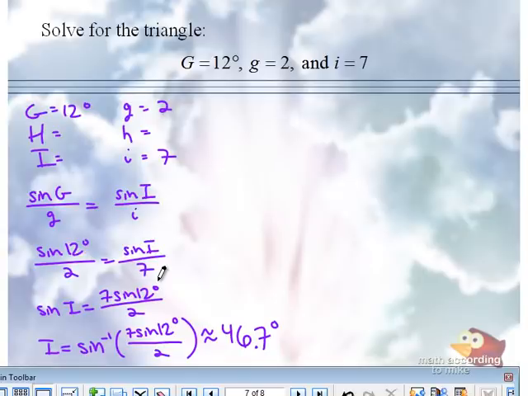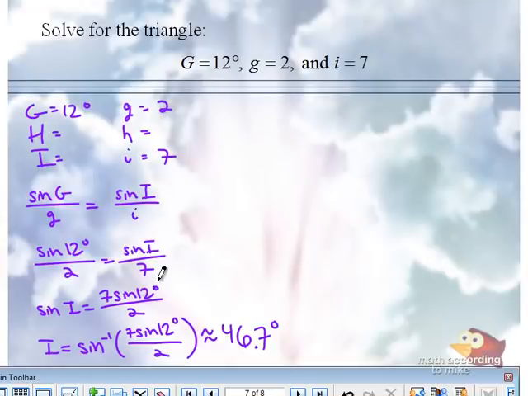Is 133.3 also a possible answer for angle I? The correct answer is yes. Because if I was 133.3 and our given angle is already 12, 12 plus 133.3 is still less than 180. So we could have 133.3 as an angle for I.